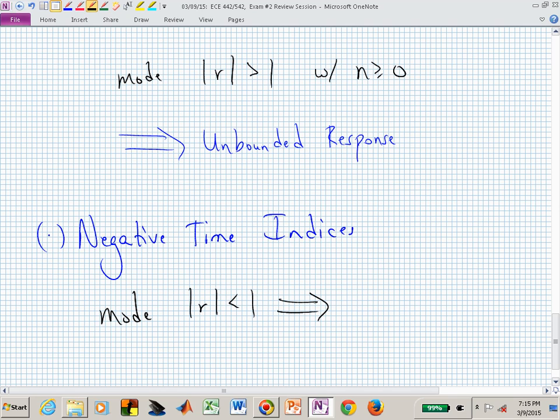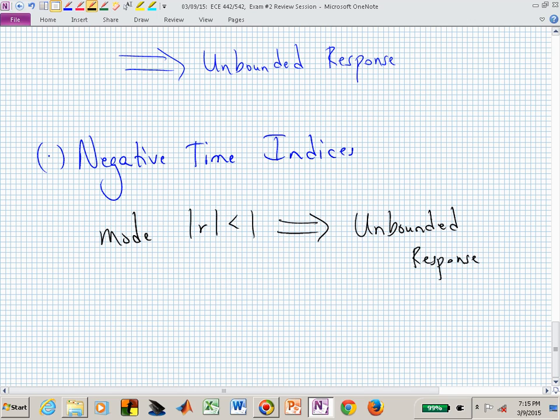Bounded or unbounded? This is now an unbounded response. Now you're raising something that's less than 1 to a negative power, and that's going to go unbounded as that number continues to get more and more negative.